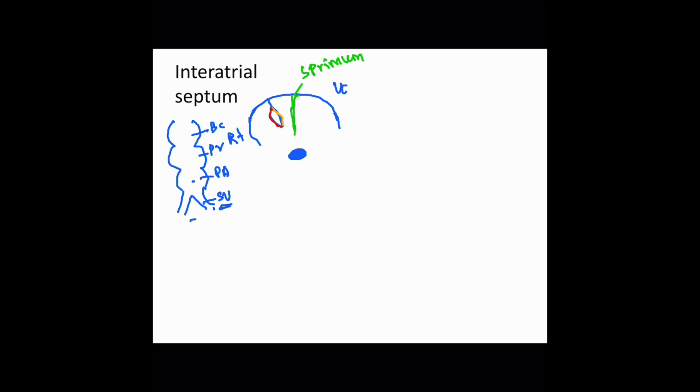Okay, and this gap will ultimately form the foramen primum. Now, as the development proceeds, this septum primum will ultimately fuse with the septum intermedius and leave the foramen secundum.